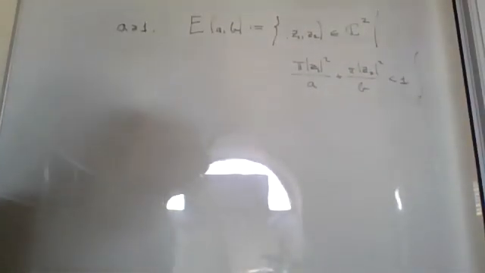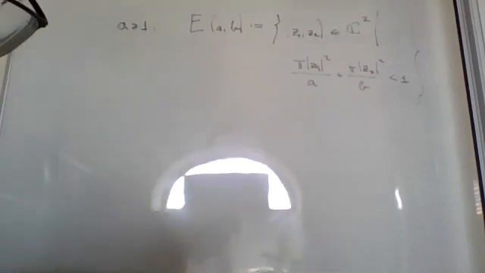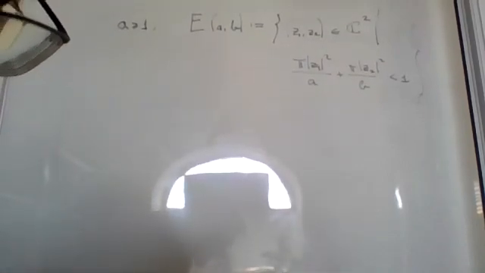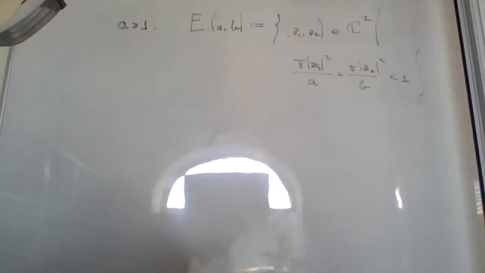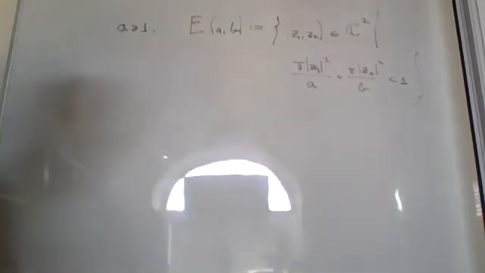Okay, so what is it? You see, it's the standard ellipsoid with standard axes, so that the projection on the x1, y1 plane is a disk of area A, and the projection on the x2, y2 plane is a disk of area B. Okay?